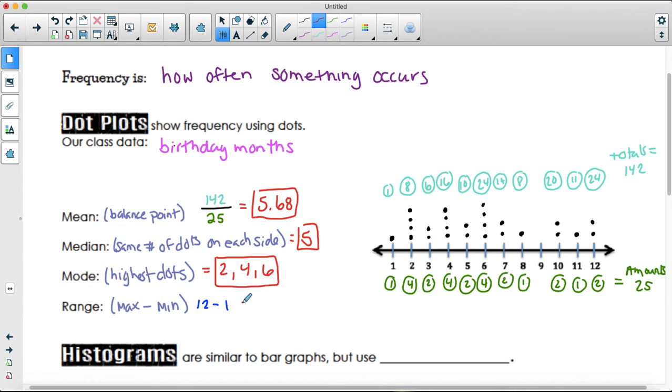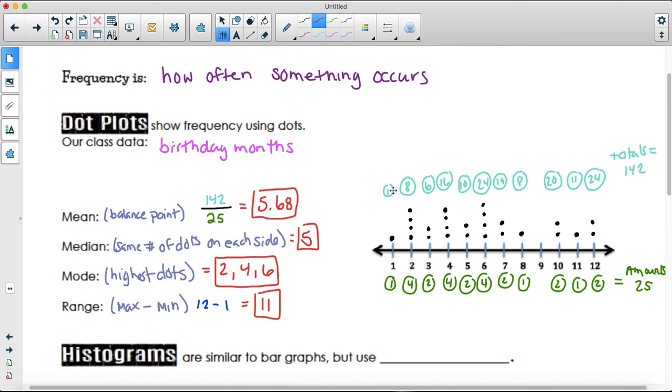So our range is 11 months. There are 11 months in between the first birthday and the last birthday. So it's spread out all the way through the year. Now, if we only had birthdays in, let's say, May, June, and July, then our range would be much smaller.